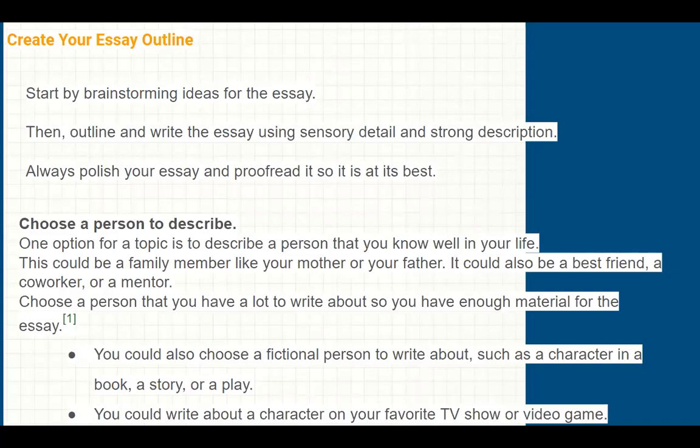The outline helps us to eliminate unnecessary details, and at the same time helps us to include sensory details and strong description. So beginning with brainstorming, having an outline, and using sensory details gets us going strongly. That's the first step.